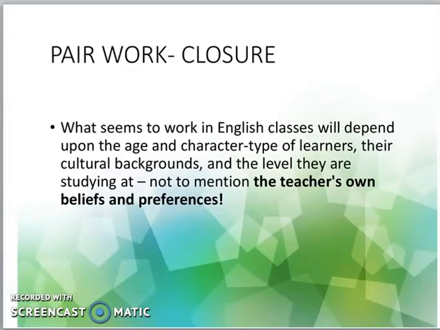Pair work closure. What seems to work in English classes will depend upon the age and character type of learners, their cultural backgrounds, and the level they are studying at, not to mention the teacher's own beliefs and preferences.